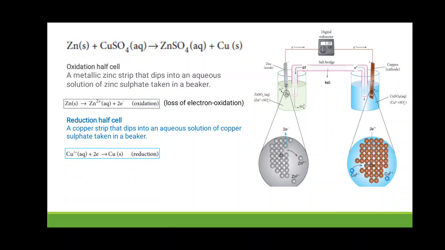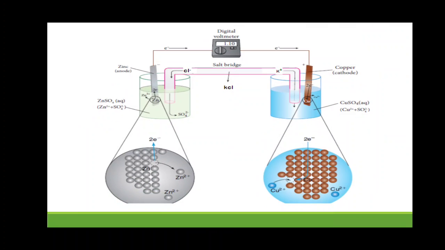And the outer circuit, from the zinc rod to the copper rod or strip, is connected with a digital voltmeter. We can measure the volt, right? The diagram.